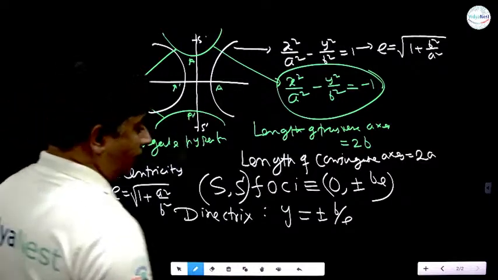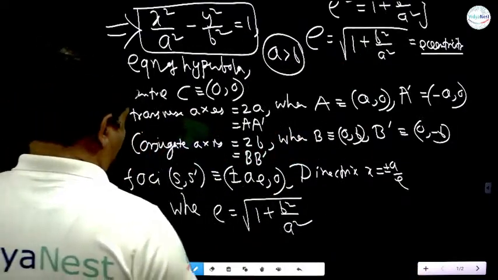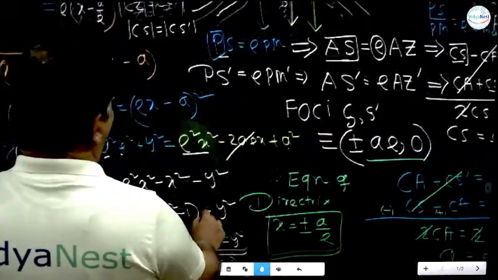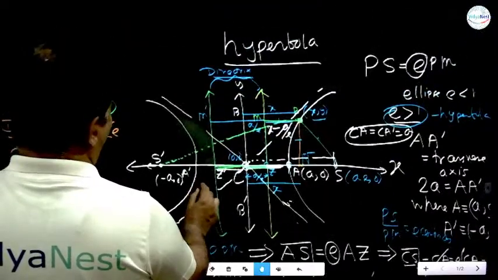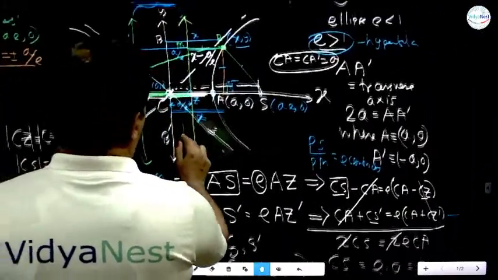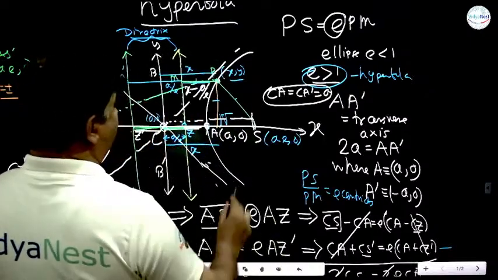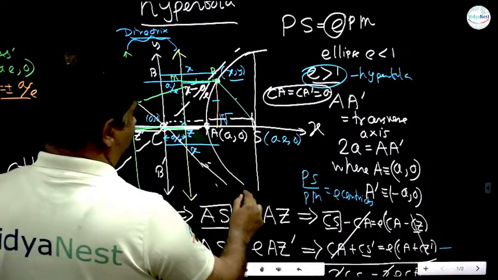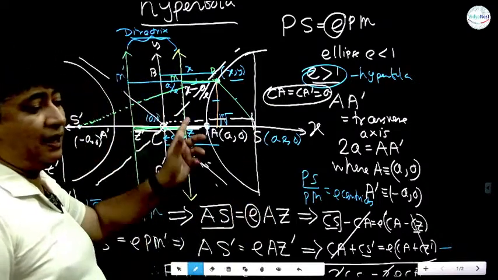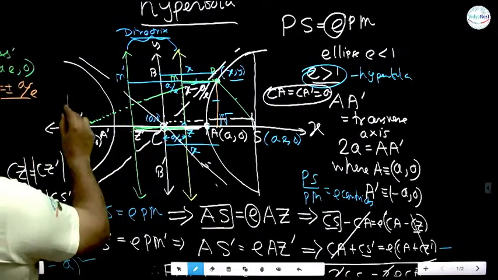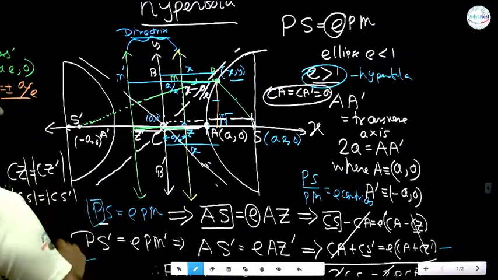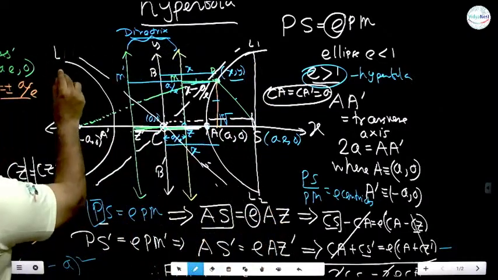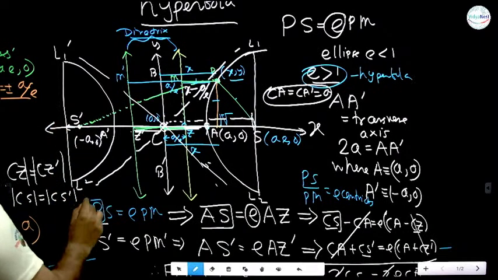In the previous figure, we missed out one criterion. What is that? Like parabola and ellipse, the hyperbola also has a latus rectum. If I draw a perpendicular on the x-axis, it meets the hyperbola at 2 points. So it has two latus rectums, L1, L2, L1 dash, L2 dash.